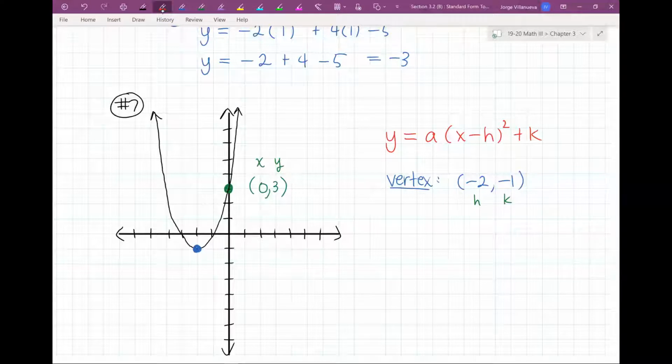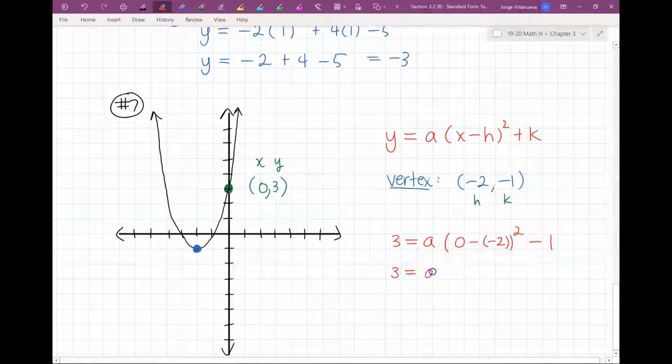So this will be a little bit challenging. For Y, it's a 3. A, I don't know yet. X is a 0. H is a -2. So that's a -2 squared. And then K is a -1. So let me just work through this.